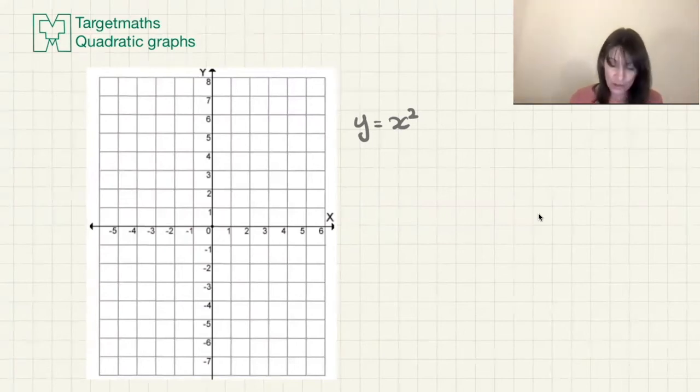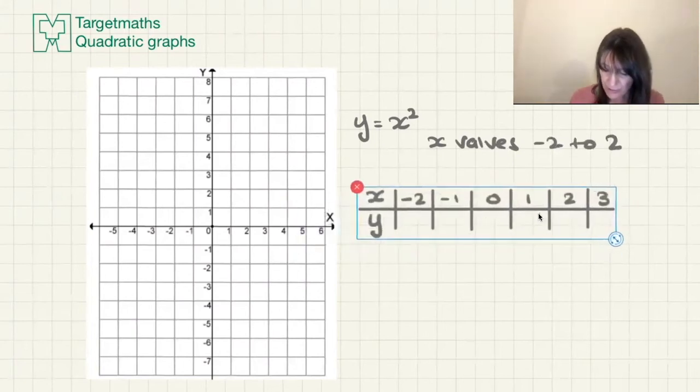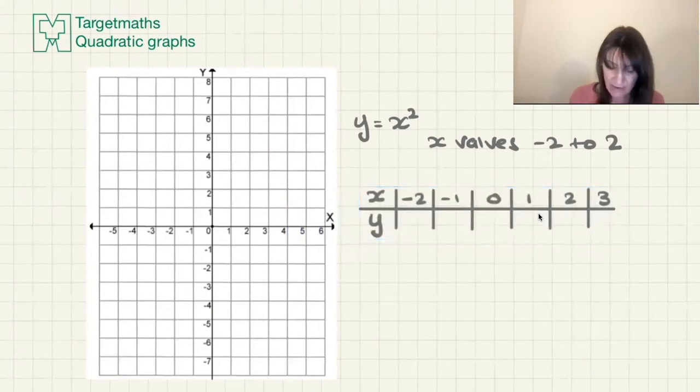So we're going to do everything now between the values. So we're going to take the x values as minus 2 to 2, okay? So we draw in our table, which I'm not going to do. I'm just going to use this one and erase this last bit that I don't need.